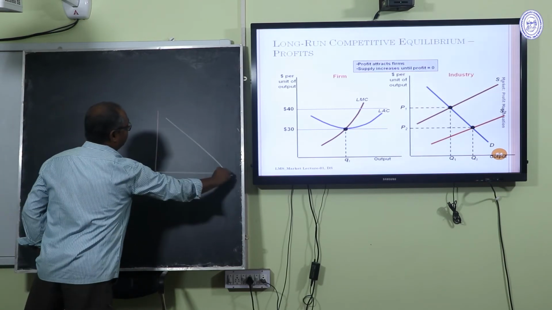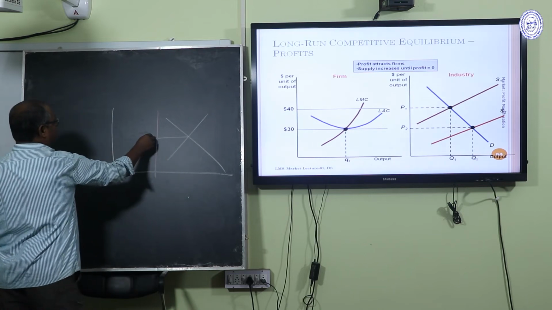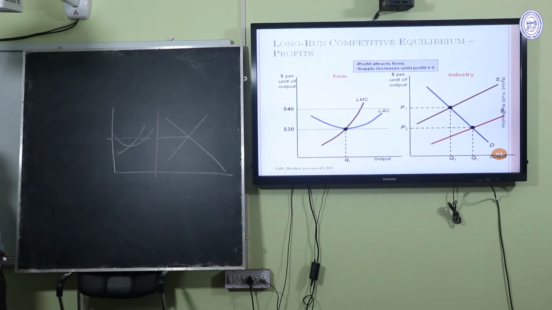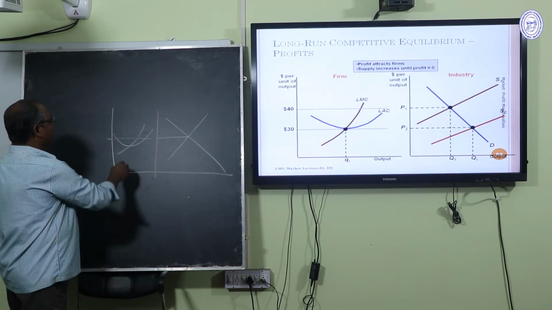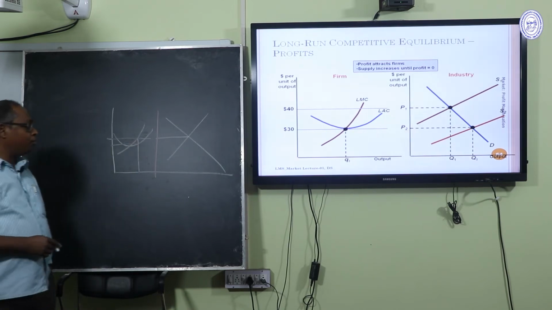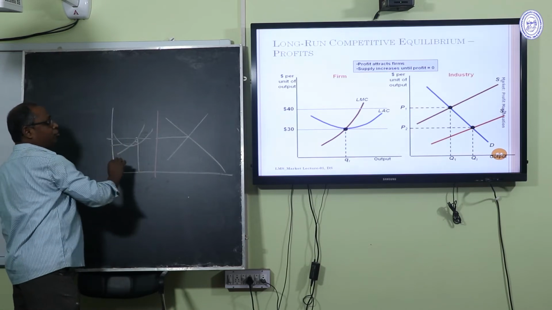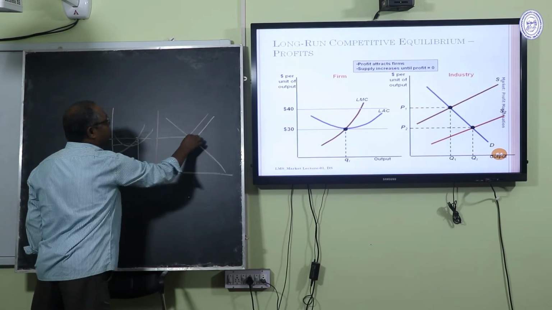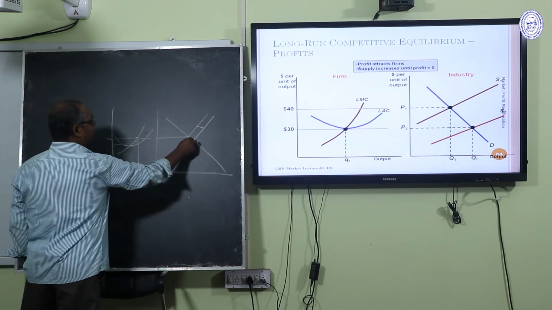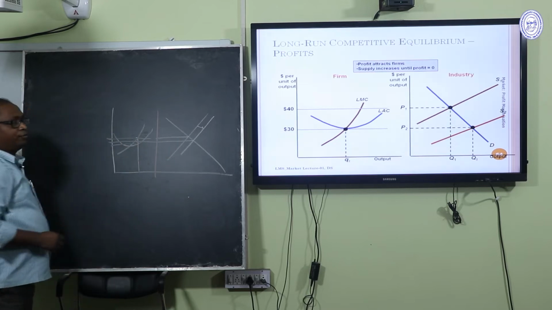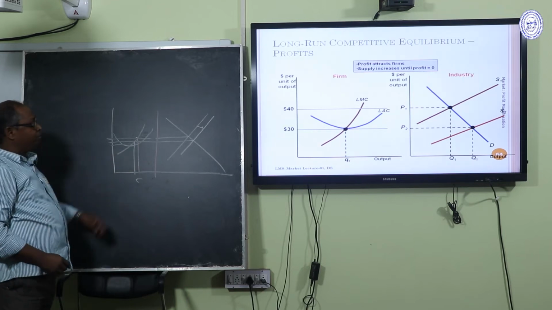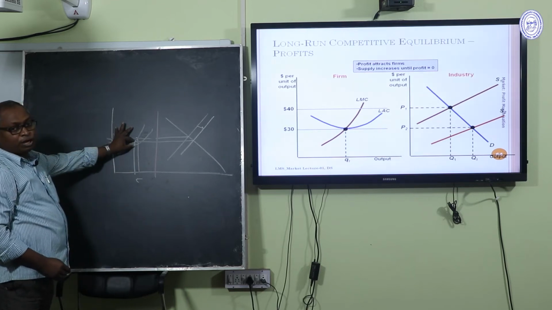So if the market demand and supply is here, this is the price, and for that price the farm here in the long run, what will happen? This is the output, and this is the profit earned by the firm. Now, by seeing this profit, some new firms enter the industry, so supply increases to some extent, and thereby price decreases, but not enough, because there is again an output increase, and there is also supernormal profit earned by the firm.